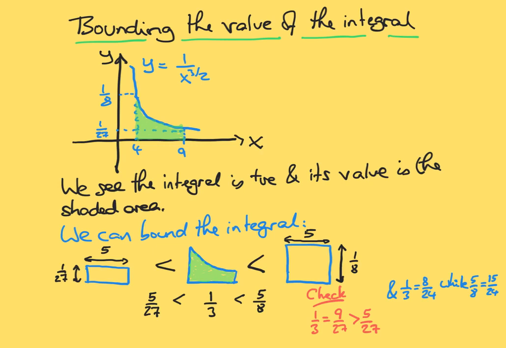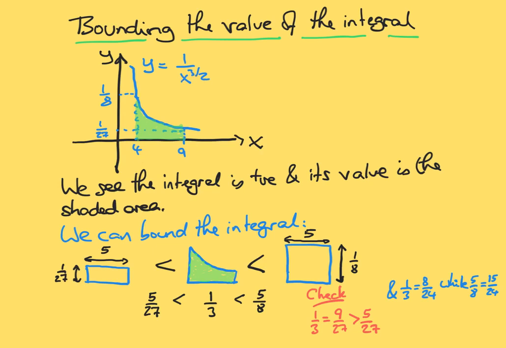So to discuss bounding the value of the integral, what I've done is I've sketched here the integrand, the function that we are integrating over, 1 over x to the 3 halves. And at the lower limit, this means we have 1 over x is 4 to the power of 3 halves.